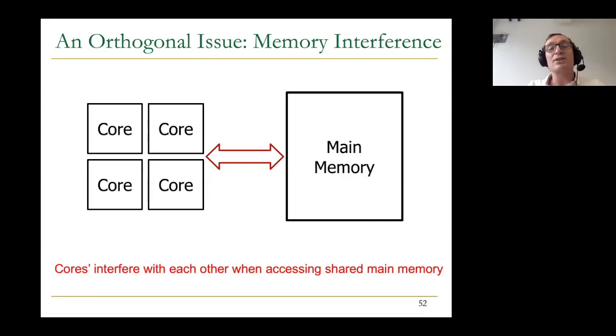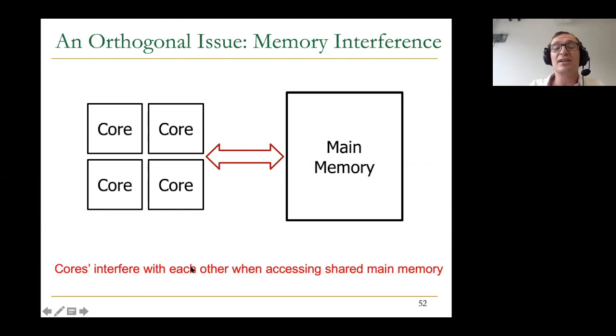Okay, so there's an orthogonal issue, which is really the memory interference issue. That's also very important. That's really orthogonal to everything else we talked about. And this is an important issue that needs to be solved because this makes memory systems potentially more predictable or less predictable. And the issue is basically what we talked about in memory performance attacks. Basically, cores or accelerators or agents share the same medium when they access physical main memory.